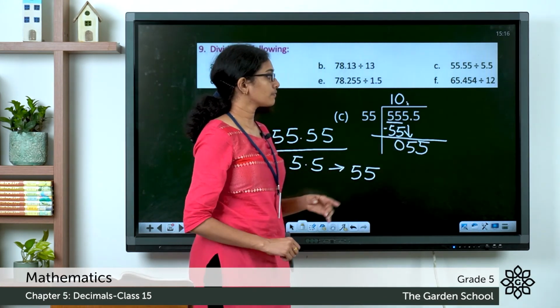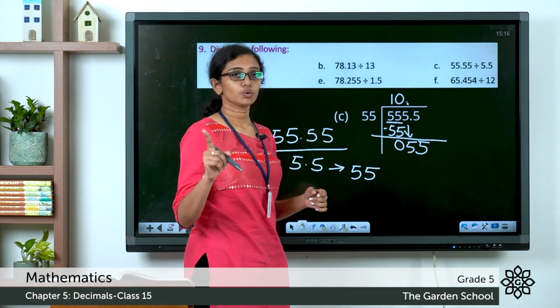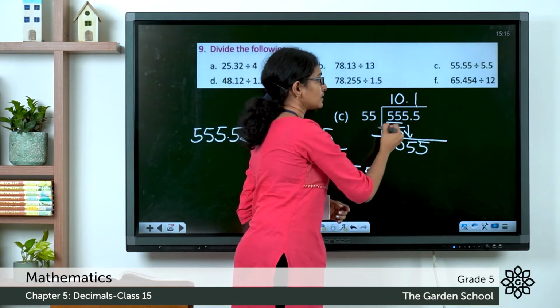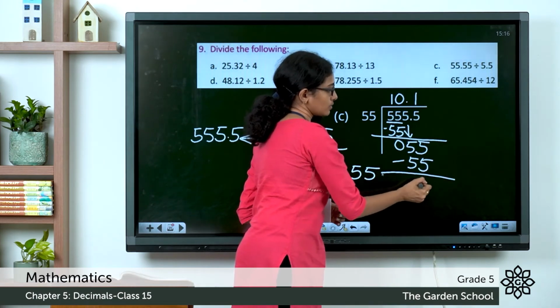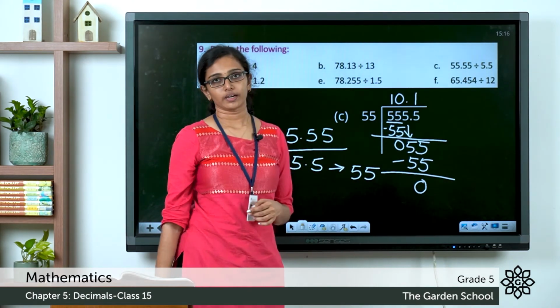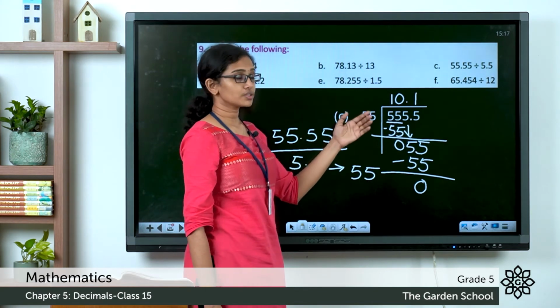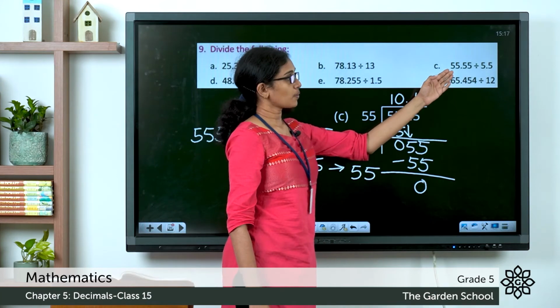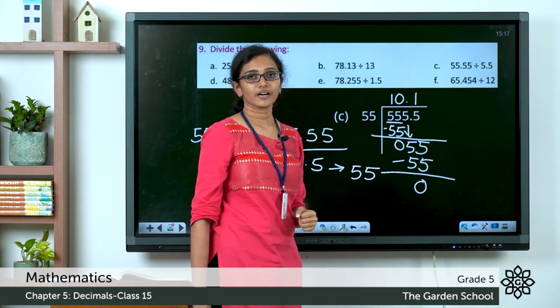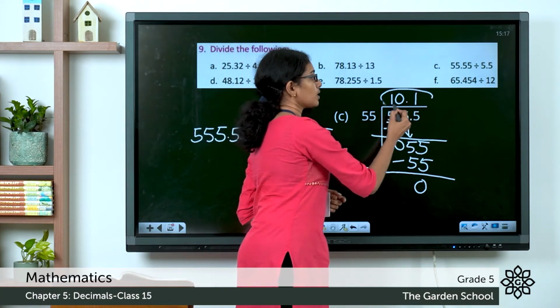So, right now, we have 55 divided by 55, which is 1. So, write that 1 here. 55 ones are 55. Subtracting the numbers, we get 0 here. So, what is the quotient? It is 10.1. 55.55 divided by 5.5 is equal to 10.1.